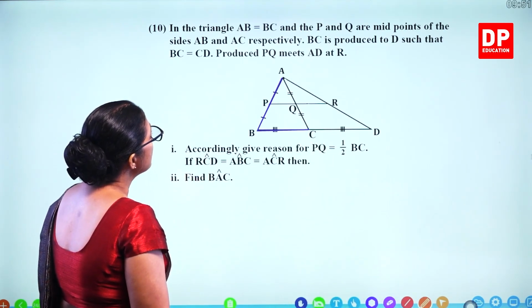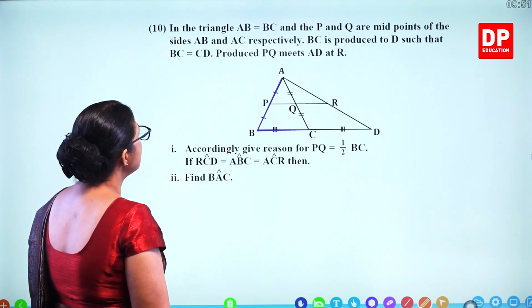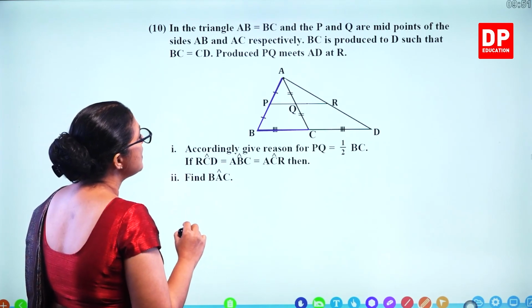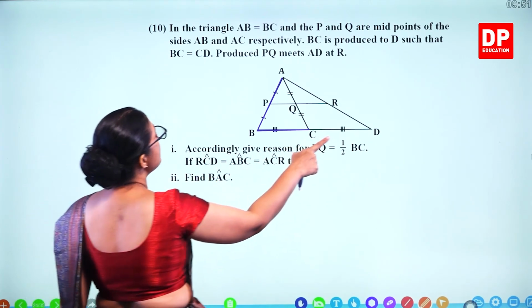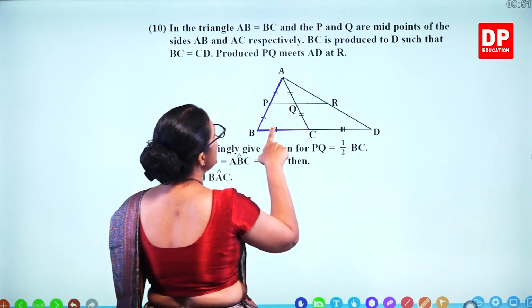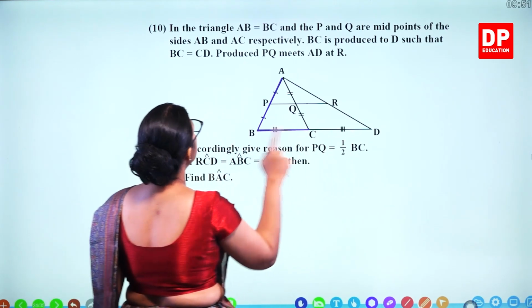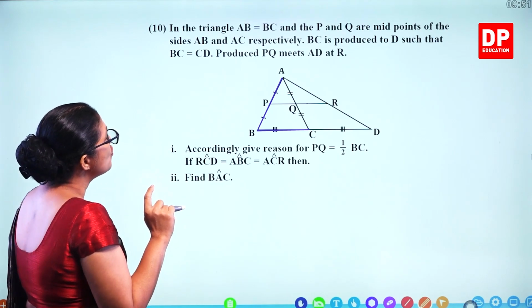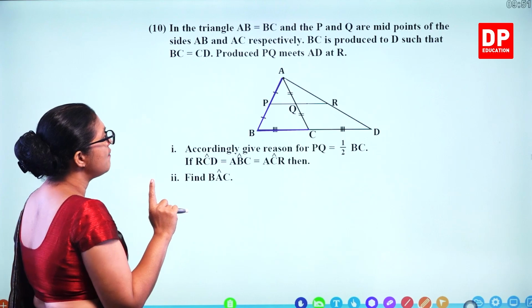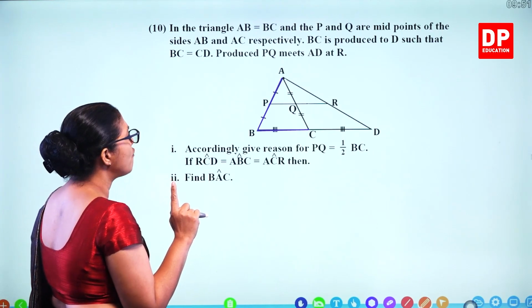And P and Q are midpoints of the sides AB and AC respectively. BC produced to D such that BC is equal to CD. Produced PQ meets AD at R. Accordingly, give reasons for PQ is half BC.